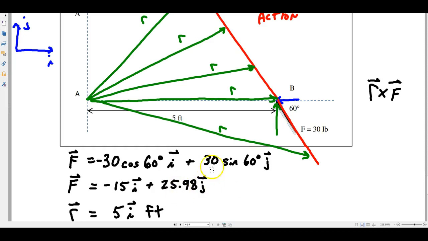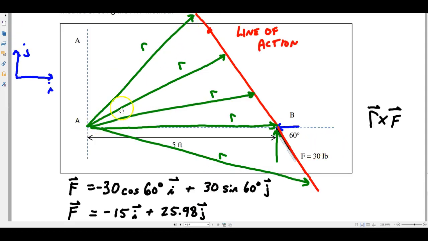Now, for r, you can pick any vector that goes from A to any point on this red line, the line of action. And notice I've drawn quite a few examples here in green. But why would you want to make it any more complicated? You should always pick the simplest one.